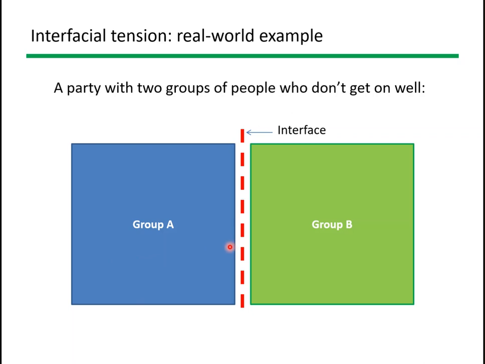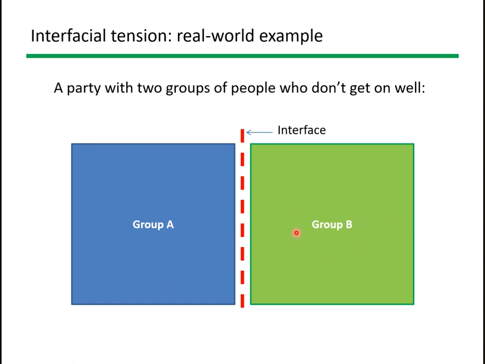However, if you move to this point here, at the interface of group A and very close to group B, this person has a few people around them that they're happy to talk to and like, but they also have some people around them who they don't like. So this person is more uncomfortable than the person standing here, and the person at the interface is experiencing a higher level of stress or tension. But of course they have to stay here because there's no room for them in here.